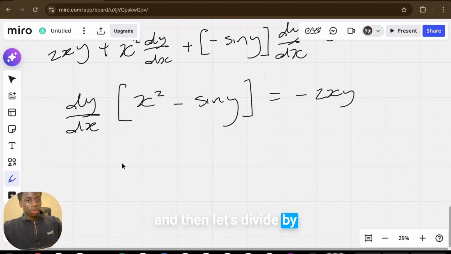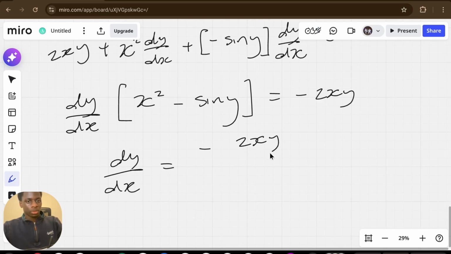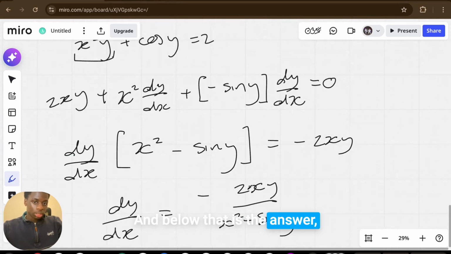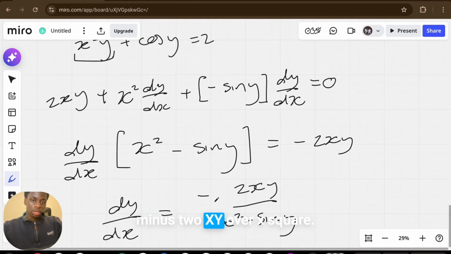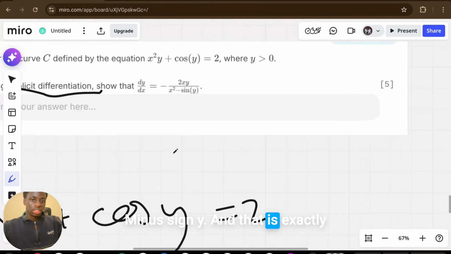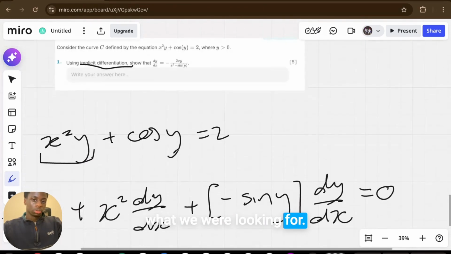And then let's divide by x squared minus sine y. And voila. That is the answer. Minus 2xy over x squared minus sine y. And that is exactly what we were looking for.